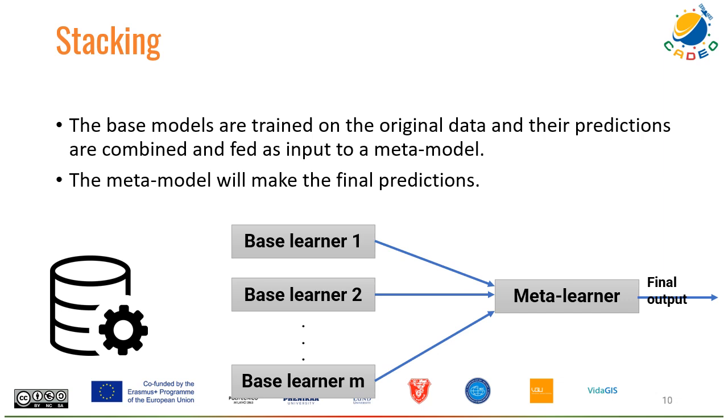This approach allows the meta model to leverage the diverse perspectives of the base models and learn how to best combine their predictions or generated features in order to improve overall predictive accuracy.